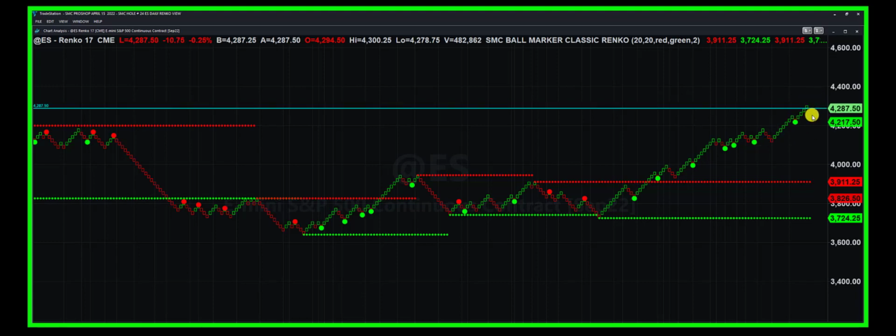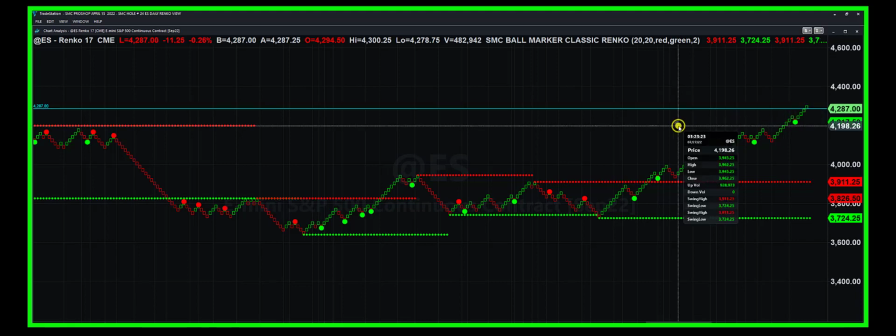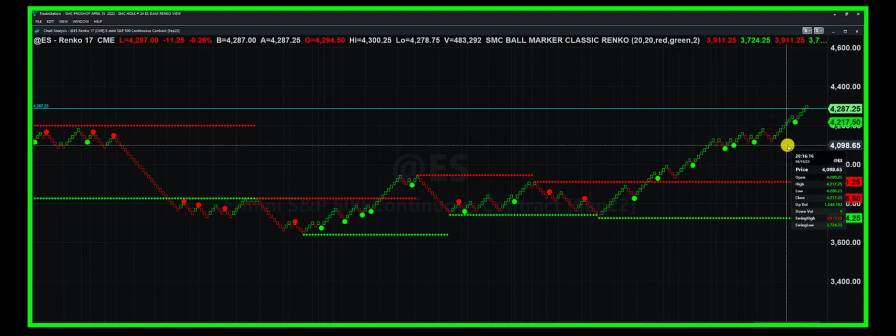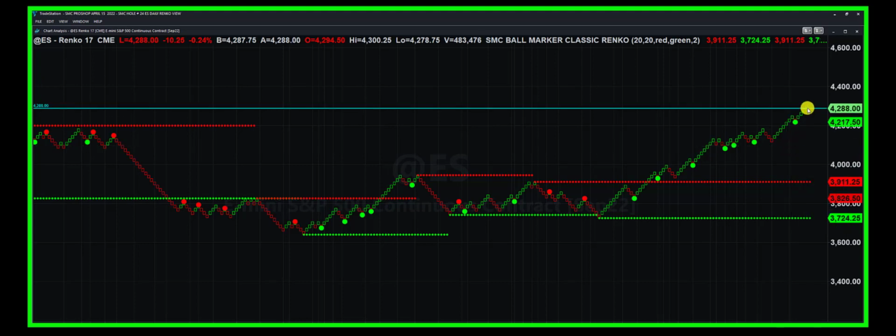And that's what we would expect. At minimum, from here, we would expect the pullback to be in this area, and then more than likely into this area, 40.98. Now, depending upon how far and how fast we come down, it will release more information to us as to what might come next.